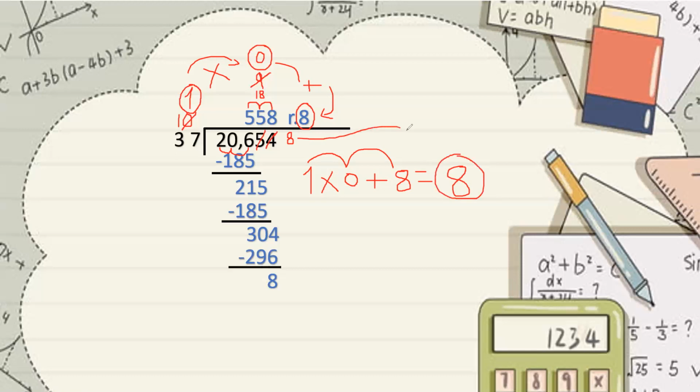Now we can look. This 8 and 8 are the same. That means my division is correct. Now you can copy on your notebook.